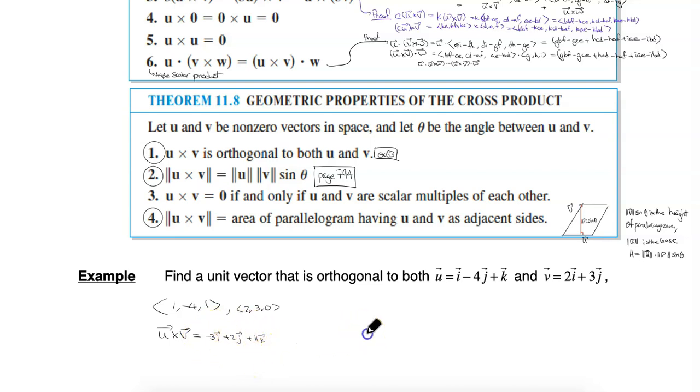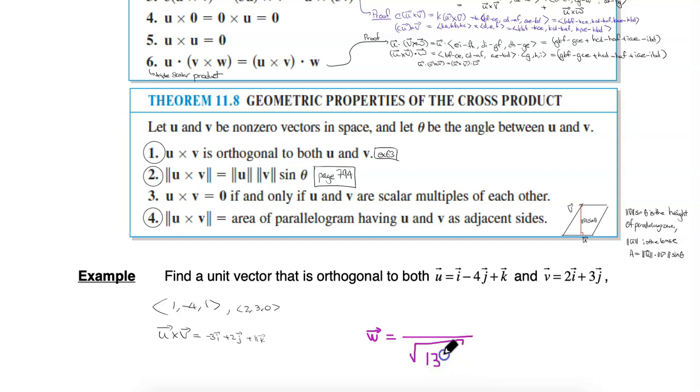The final answer, let's call it w, would be the answer we found, so -3, 2, 11, and we have to divide by the magnitude of u cross v. I'm not going to do everything because it's not very practical to write here, but the magnitude is the square root of 121 plus 4 plus 9, so root 134.